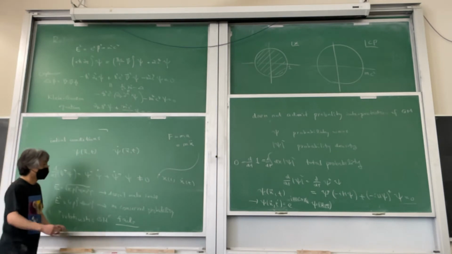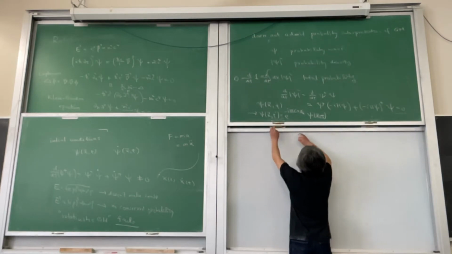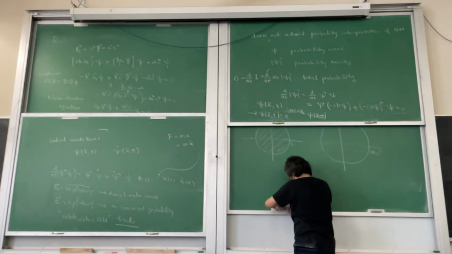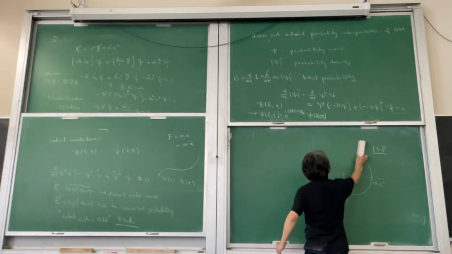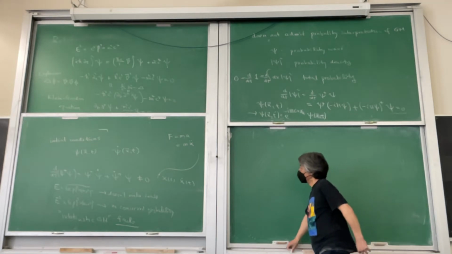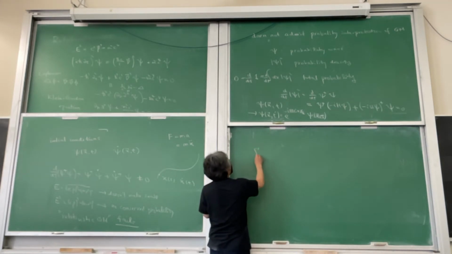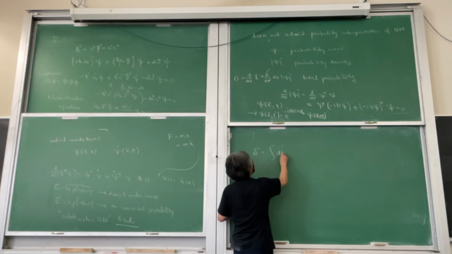Okay, so now we decided that we would like to take this Klein-Gordon equation as a field theory. And if you're doing a field theory, you have to come up with a Lagrangian, and that is actually pretty simple.